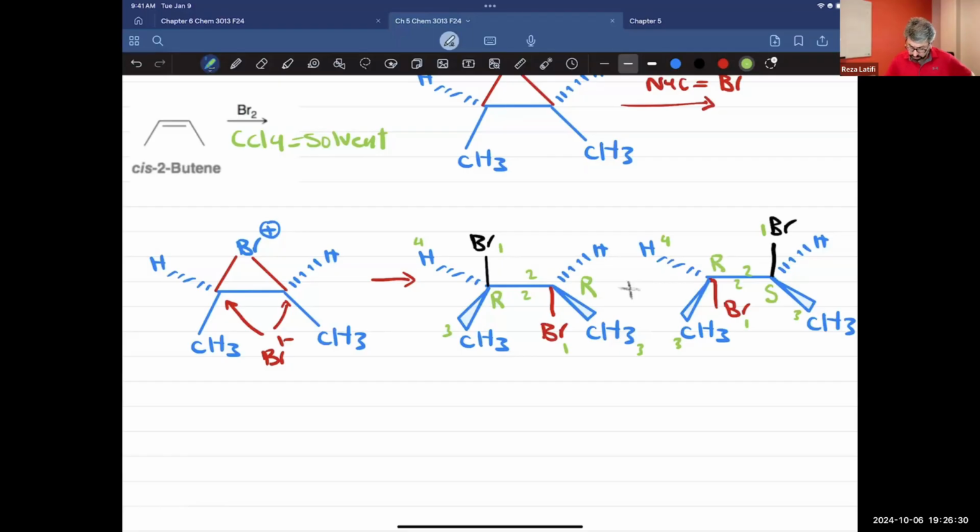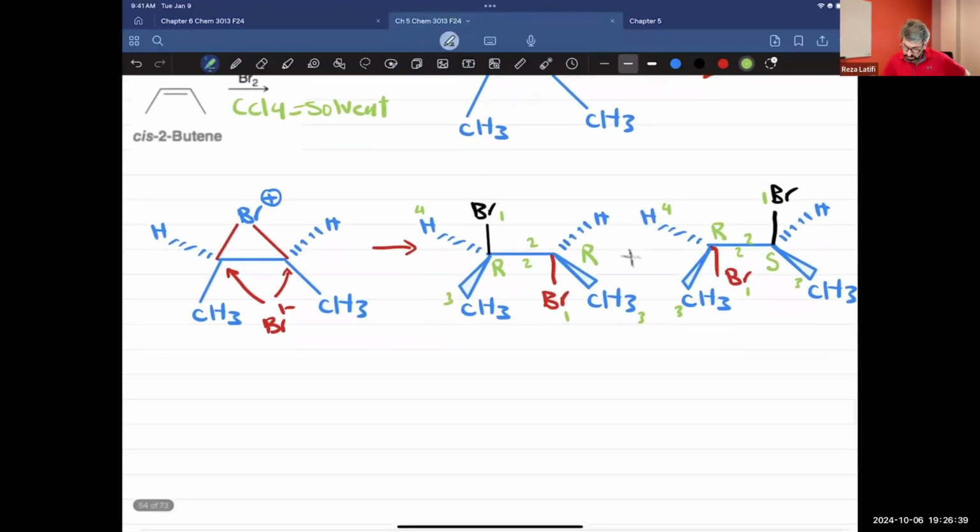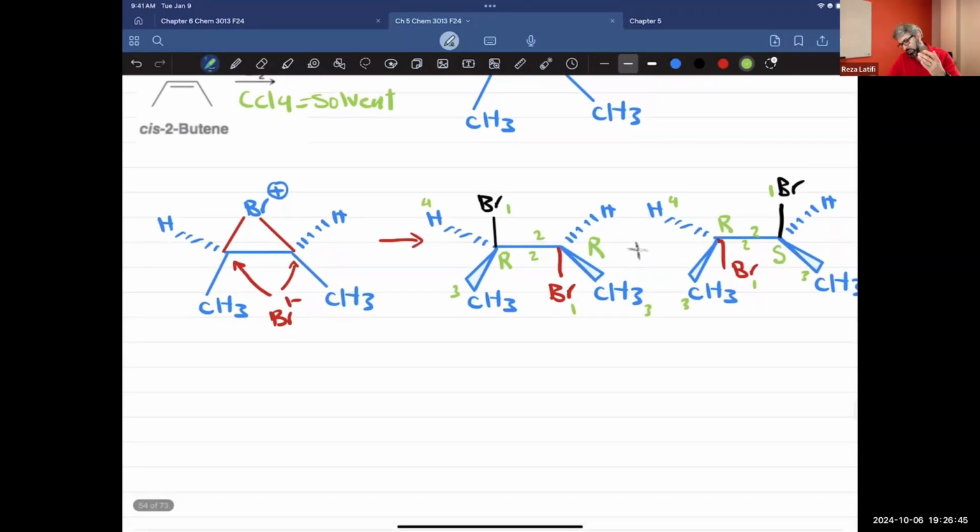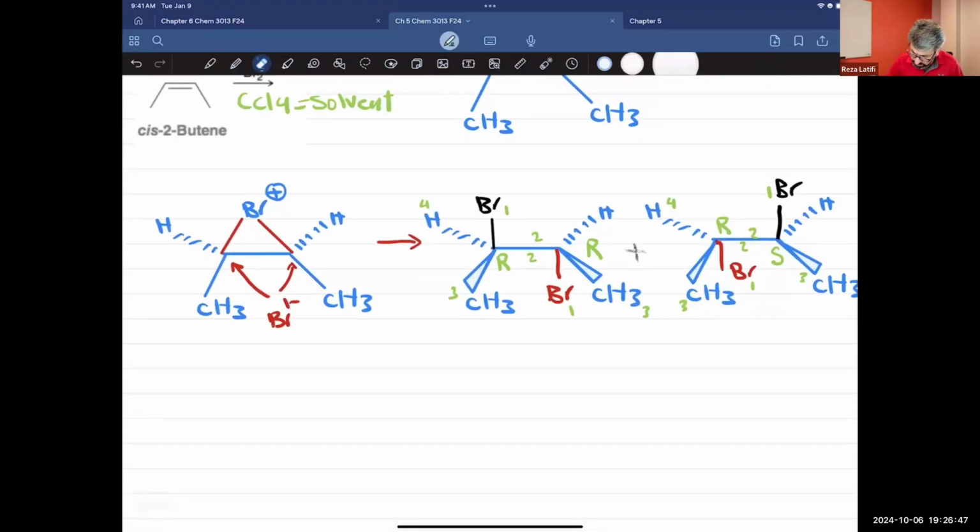Let me double check the first one. The first one I got 1, 2, 3. This is R. How about here? When I looked at it, this is also R. And I got here, so this one is S. My bad, that one is S. Because we have 1, 2, 3, this is 1, that's 2, and here is 3, so that's going to be S. The relationship between them, let's get rid of the numbers.